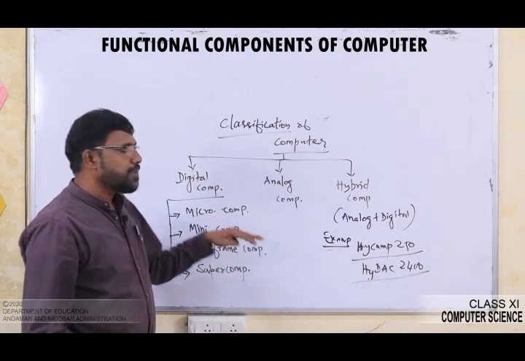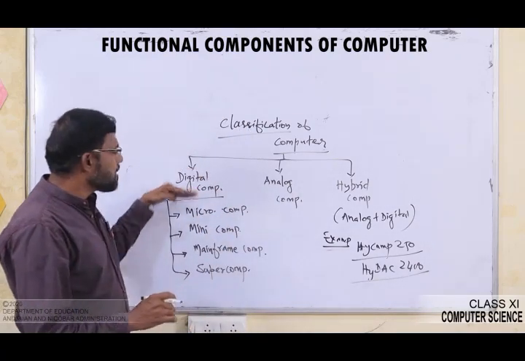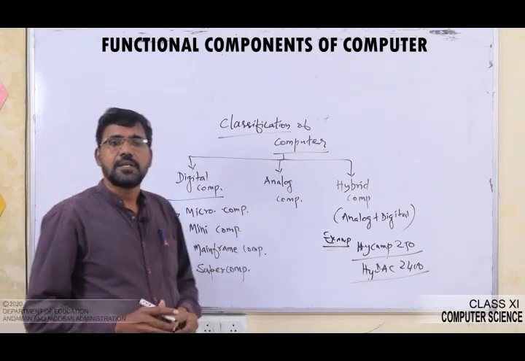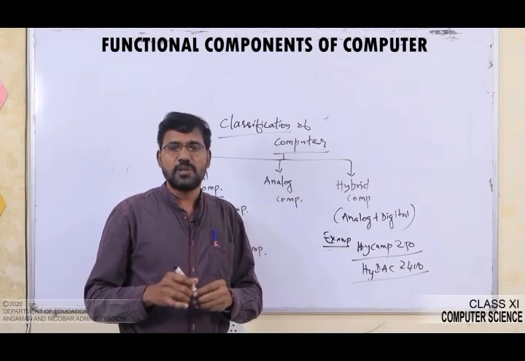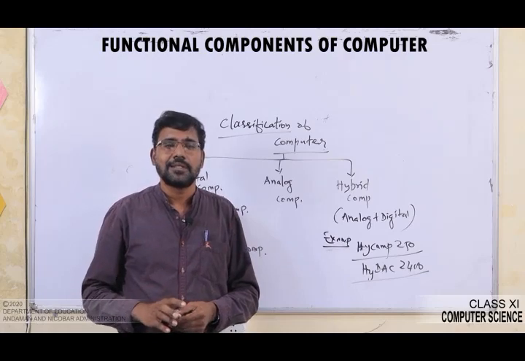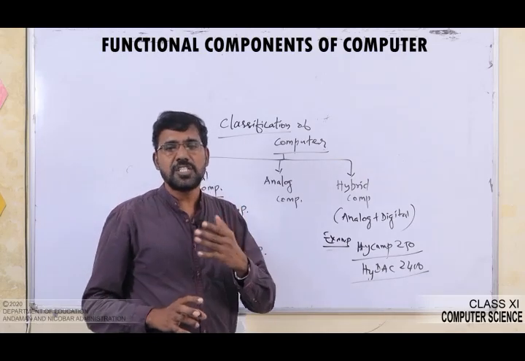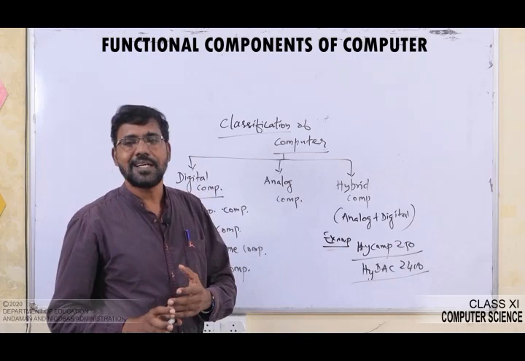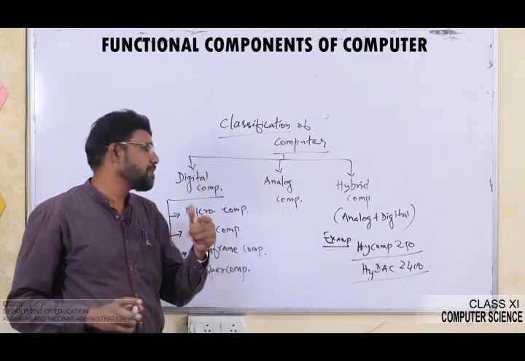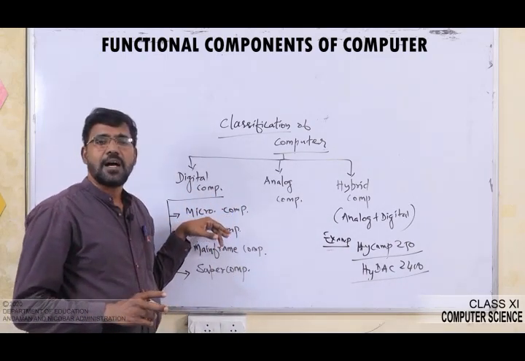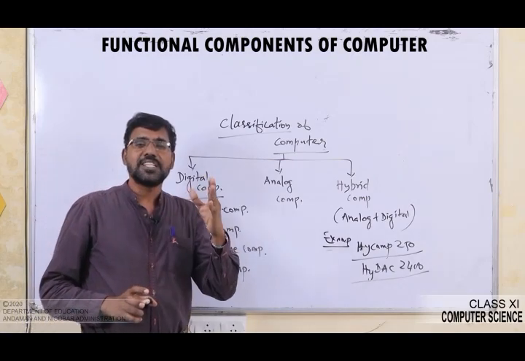So, what is a microcomputer? These are under the digital category, digital computers. These all use the personal computer, the PC. This is a typical digital computer with a microprocessor, that is the CPU on a single chip, and it includes both desktops and laptops.